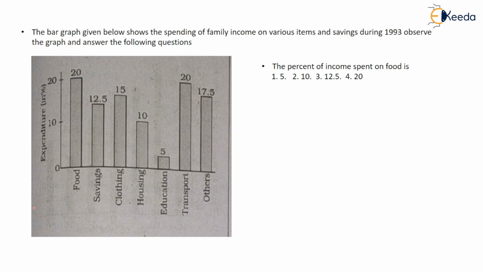This is actually the graph of the entire year, and these were the expenditures by a family on various items. So they ask you how much they spend on food. It is clearly visible that 20% is the expenditure on food that year. So 20% on food. This is your answer.